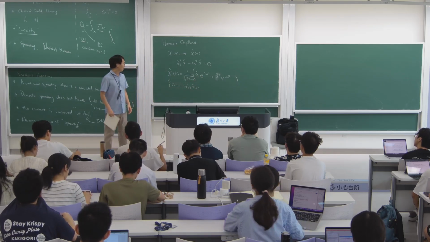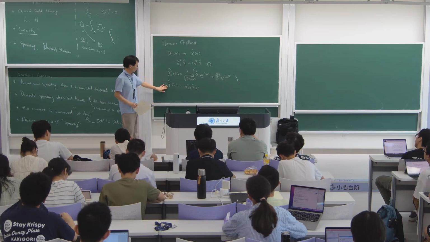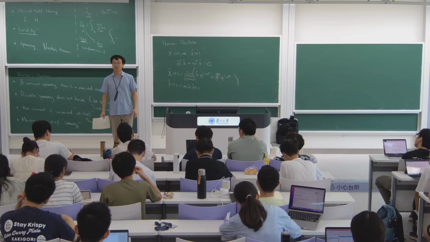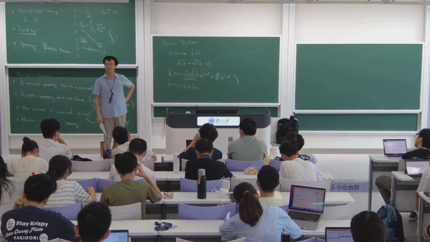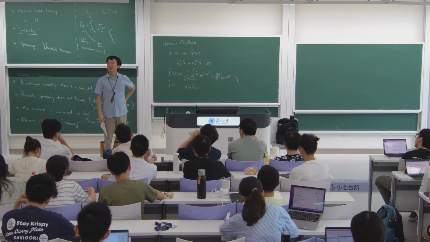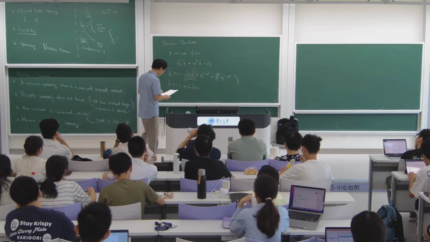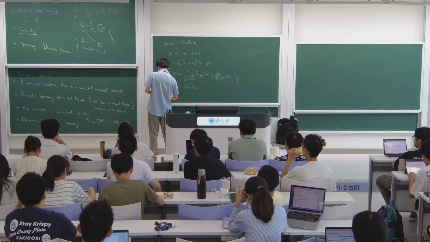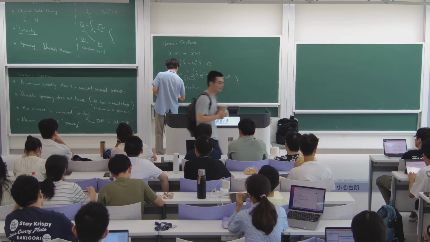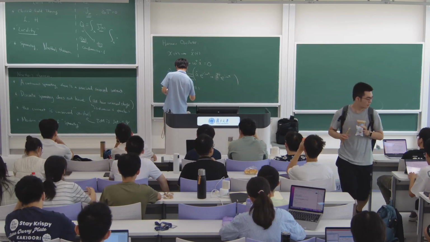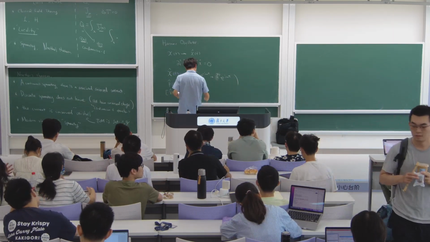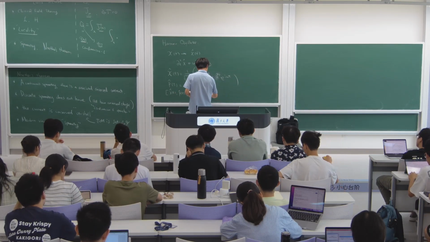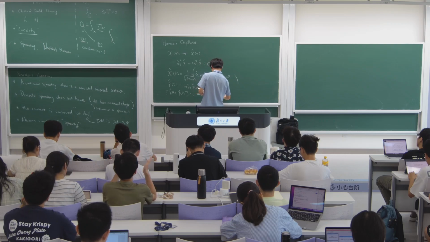Okay? And you can easily check the standard canonical quantization condition between x and p now becomes the commutator between A and A dagger. This is the so-called quantization condition. This implies the commutator of A and A dagger is 1.